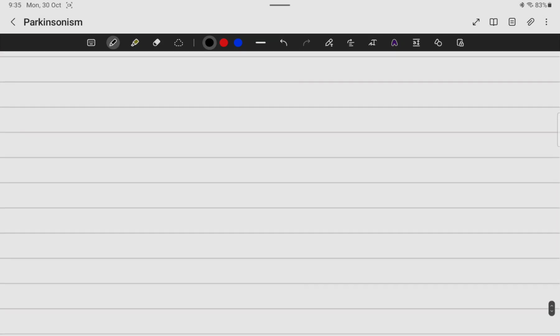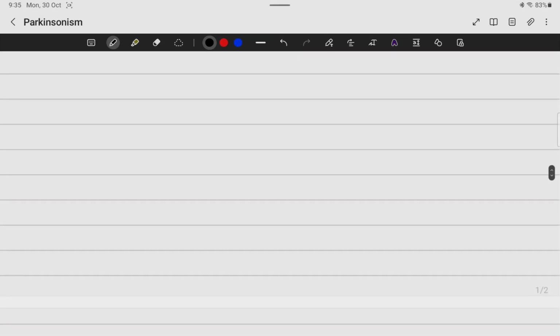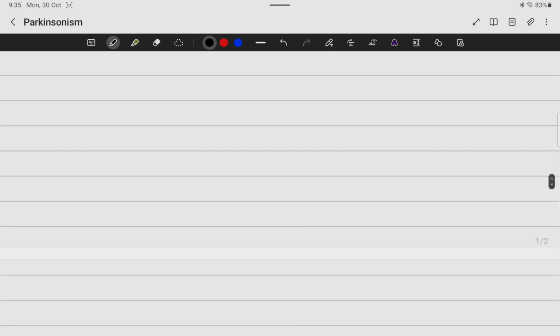First we have the drugs called dopamine precursors. Let's write it here. First you have dopamine precursors. What does precursor mean?